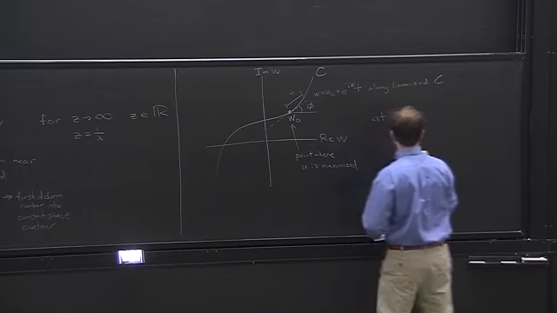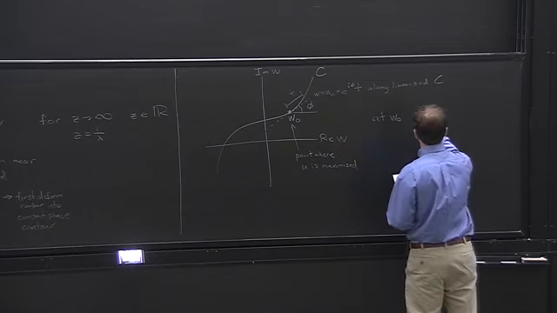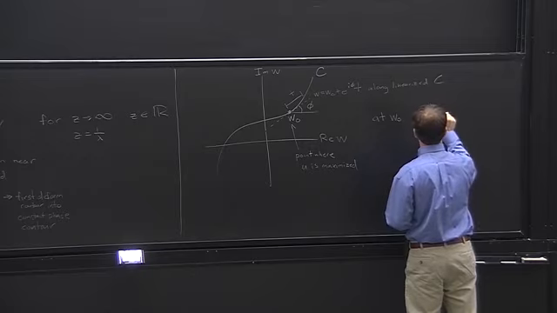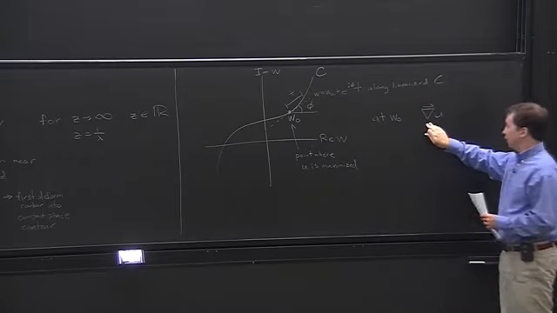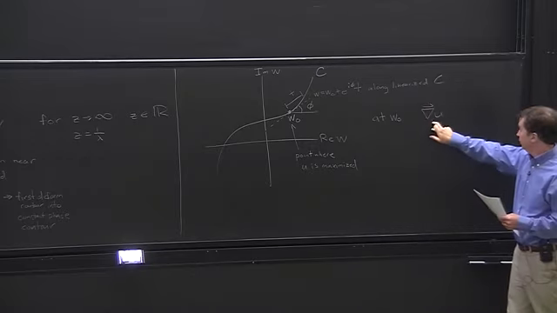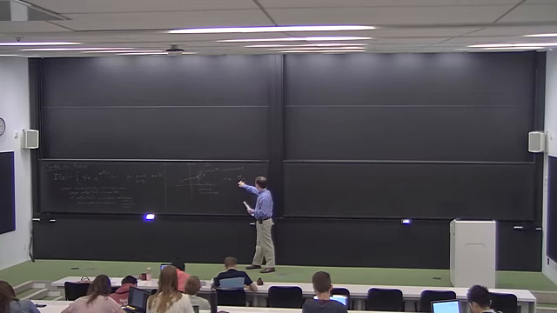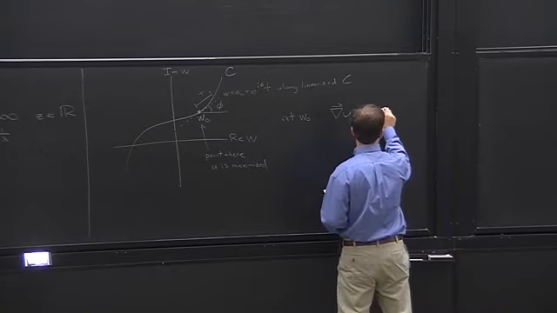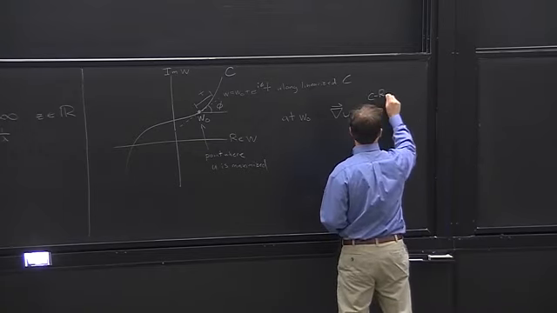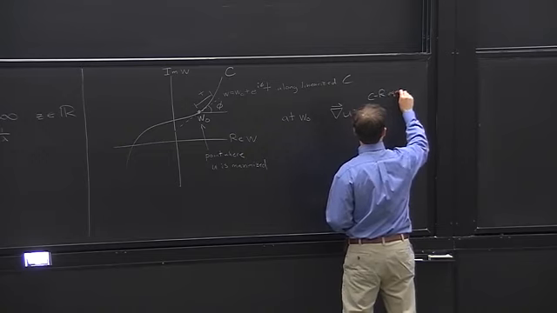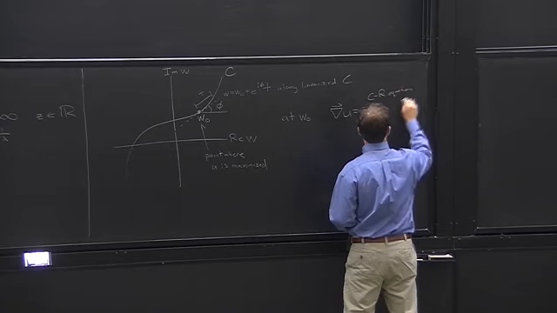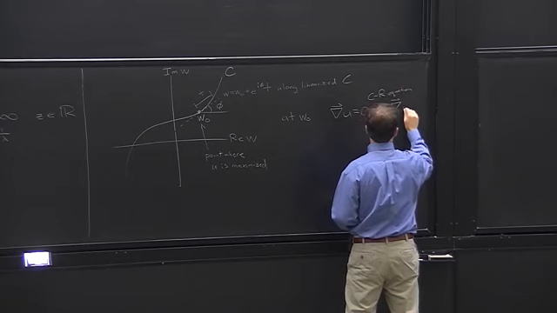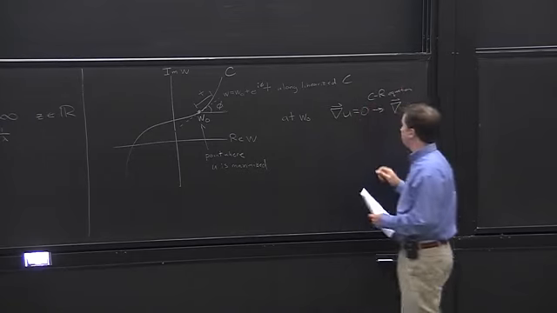So at the point W naught, the gradient of the real part is 0, which tells us by the Cauchy-Riemann equations that the gradient of the imaginary part is 0.